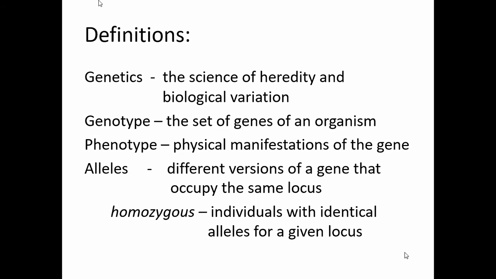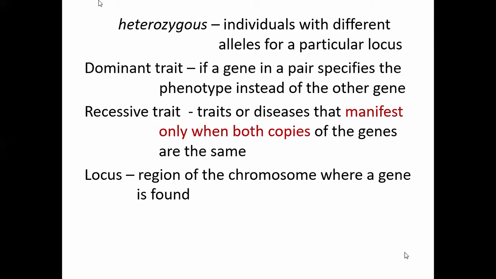So the alleles have two types, homozygous and heterozygous. Homozygous are individuals with identical alleles for a given locus. The heterozygous are the individuals with different alleles for a particular locus. There are two kinds of trait, the dominant and the recessive.